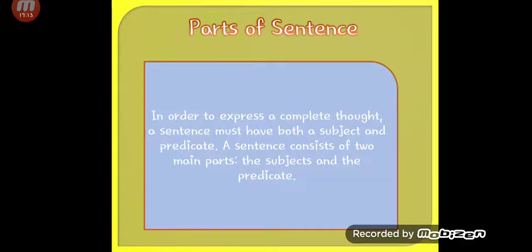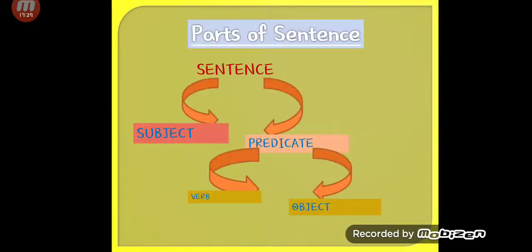And a predicate is what we say about the subject. A sentence has a subject and a predicate. A predicate has a verb and object. In a predicate, there will be a verb as well as an object.